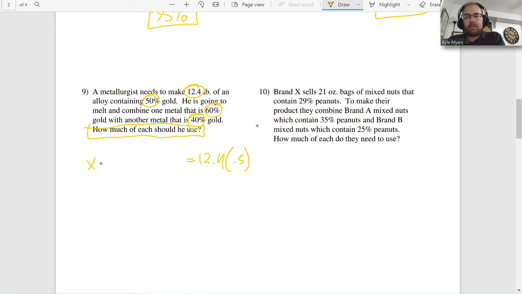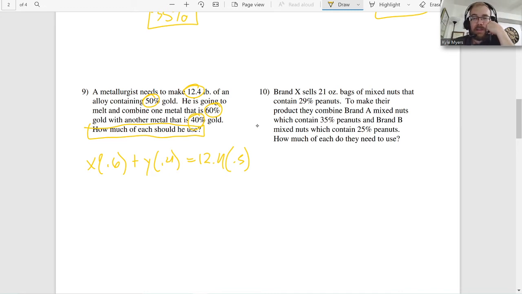So one metal, and this might be a system of equations here. One metal that's 60% plus another metal that's 40%. I'm going to put an X and a Y there. How much of each should he use?